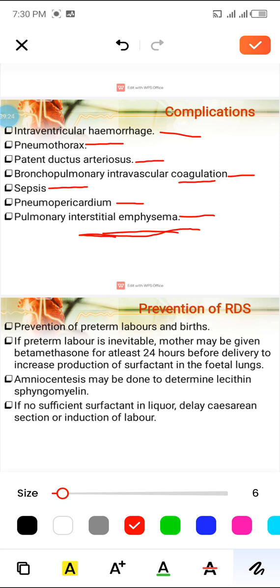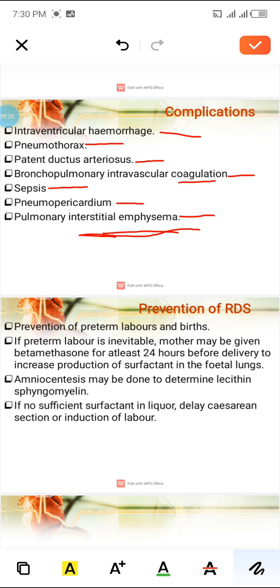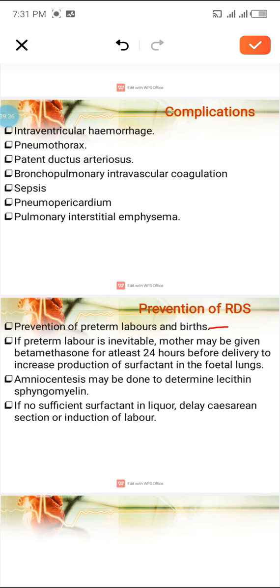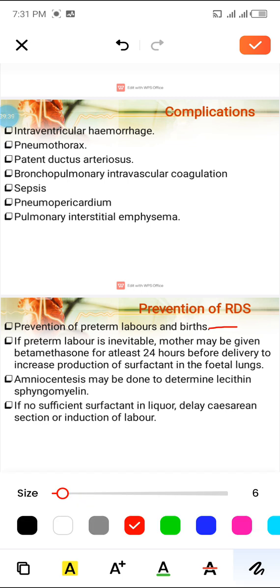Then let's look at the prevention. If you look at the prevention, number one here is prevention of premature labors and births. So we're looking, by all means, to prevent prematurity. So if you prevent prematurity, meaning you're not going to have the problem of low surfactant.